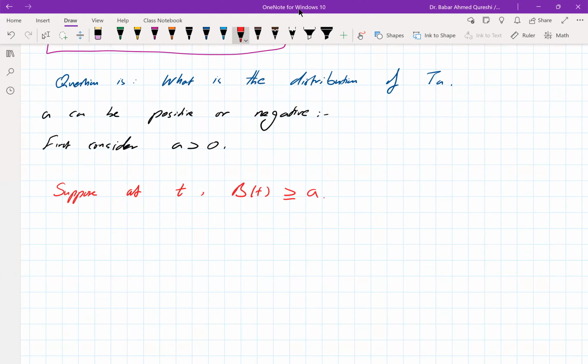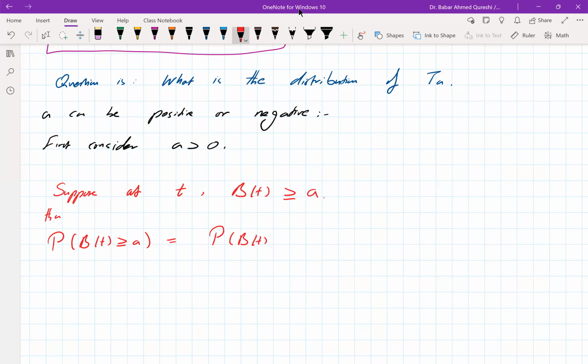Then the probability of this event, that your value of the random variable is greater than or equal to A, I can write down by splitting it using conditional probabilities and the law of total probability like this.